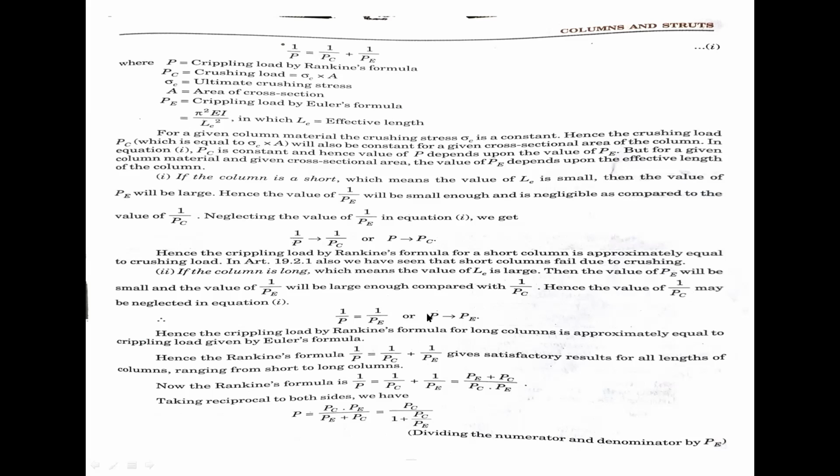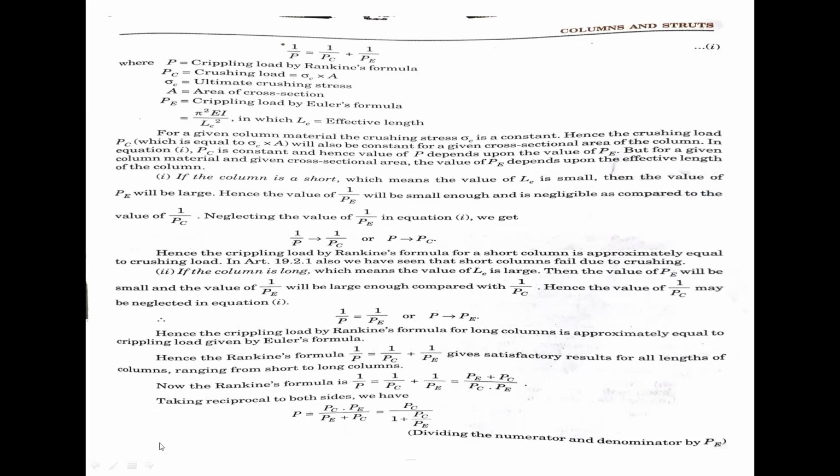Hence, the value of 1 by Pc may be neglected. In equation 1, neglecting 1 by Pc, 1 by P equals 1 by Pe, or P equals Pe. Hence, the crippling load by Rankine's formula for long columns is approximately equal to the crippling load given by Euler's formula.